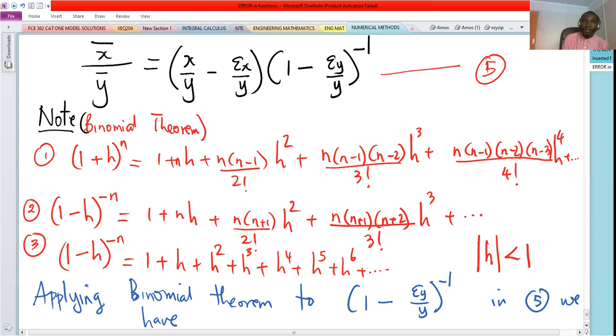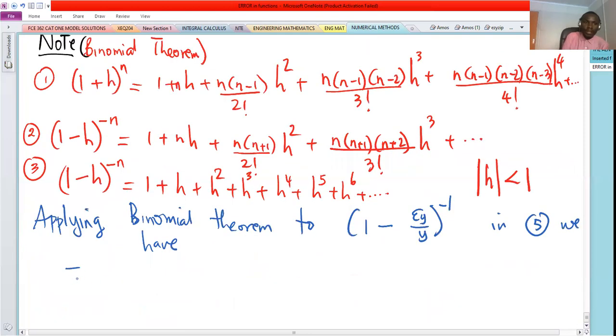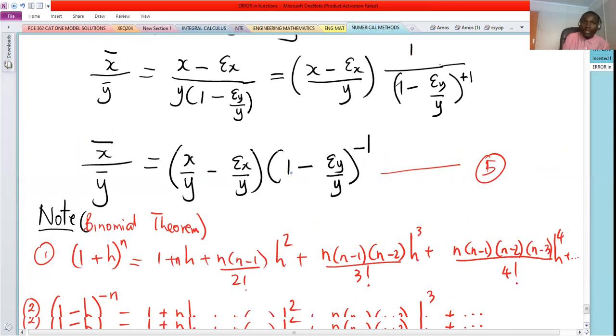So we'll have x bar over y bar equals x over y minus error in x over y. At this point, this part here takes the role of h in this case.